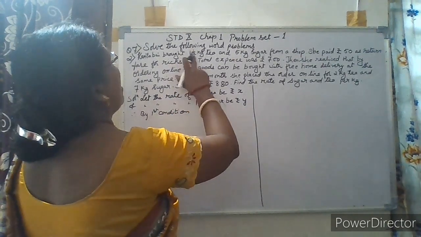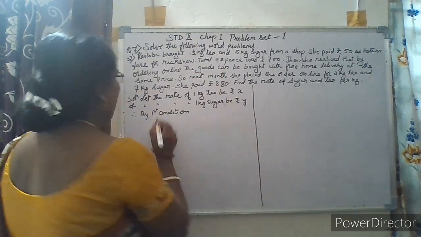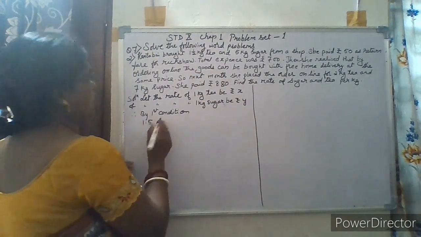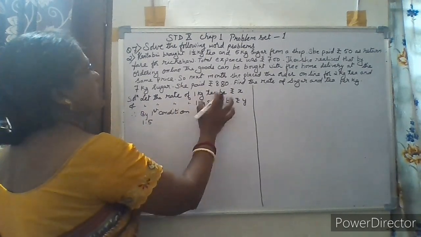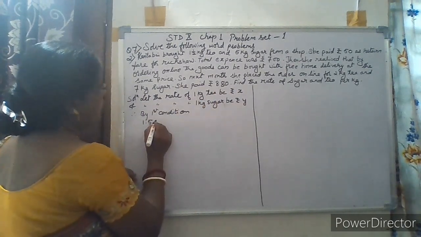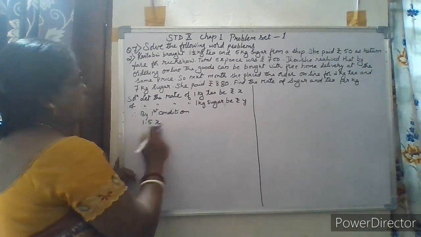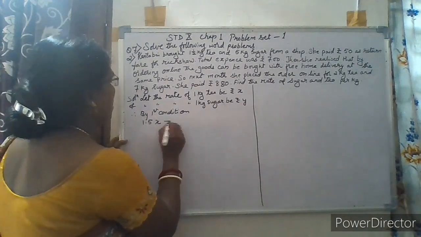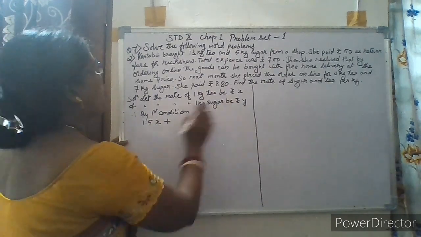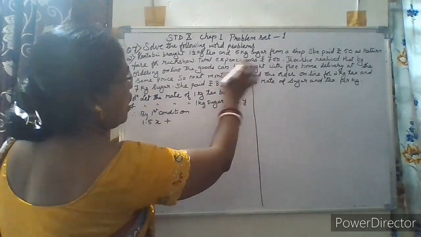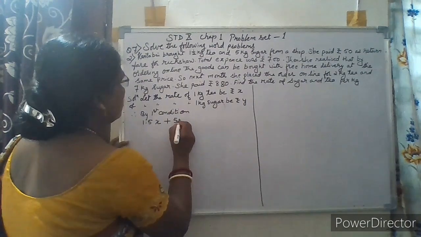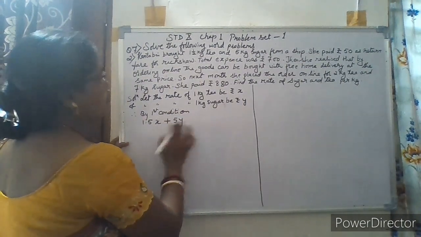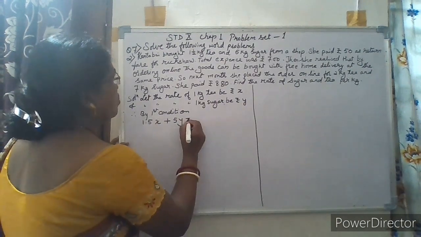Therefore, by first condition, it is 1.5 kg tea. So 1.5 into x will give you the cost of 1.5 kg tea plus 5 kg sugar. So 5 into y, 5y is the cost of 5 kg sugar.